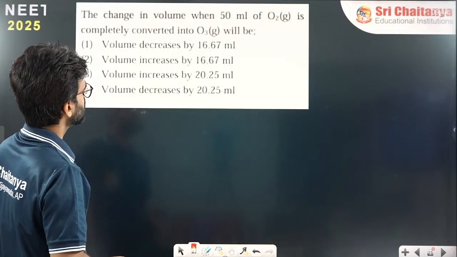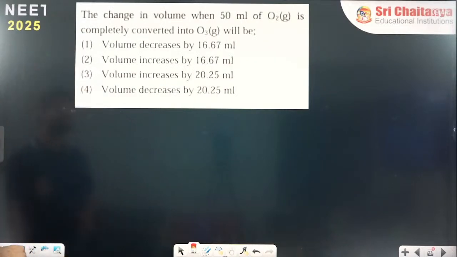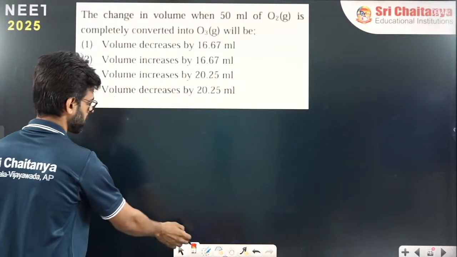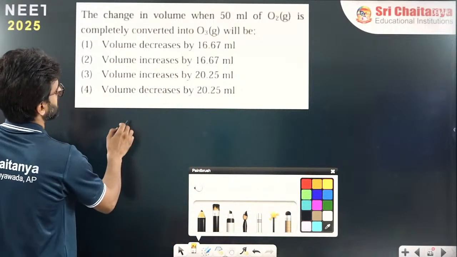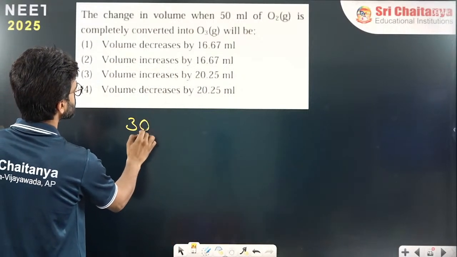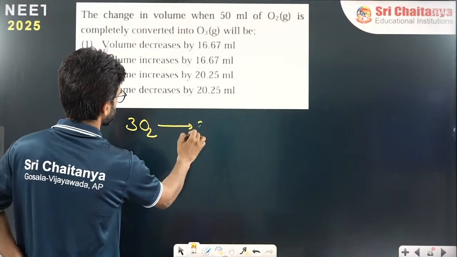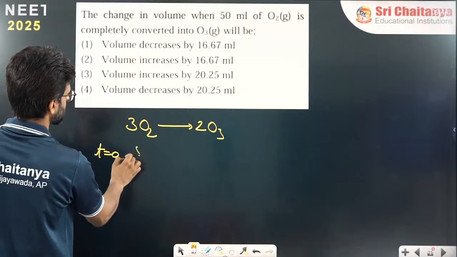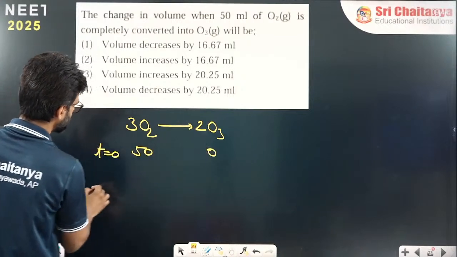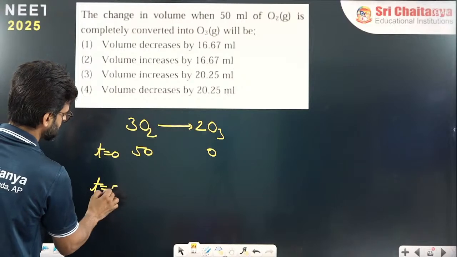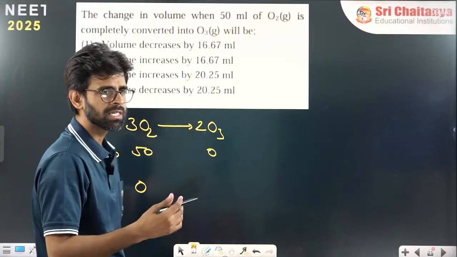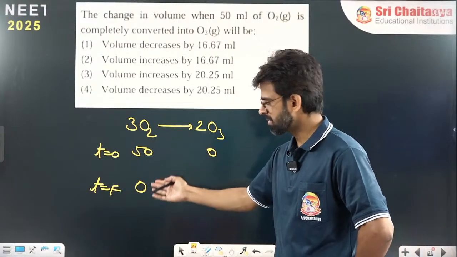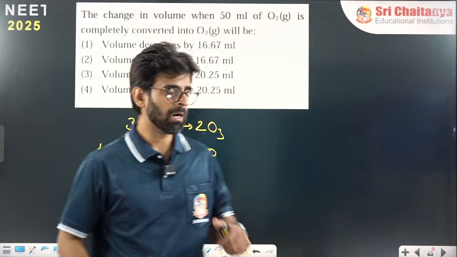The change in volume when 50 ml of O2 is completely converted into ozone. Again, a stoichiometric question, small question. What do we have? O2 converted to ozone. So initially they said I am taking 50 ml, right? Finally, after the reaction completion, definitely it becomes 0. If they are not saying it is having equilibrium or something, I will just convert, my reactant becomes 0 and product will form. How much will it form, beta?